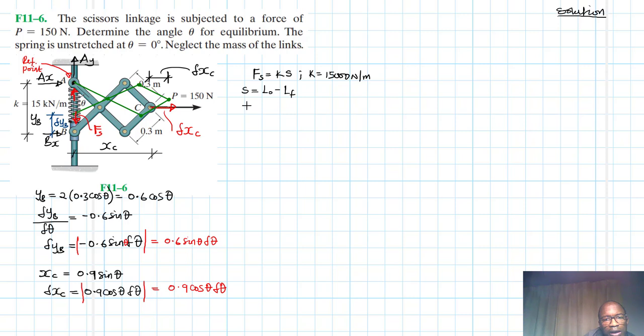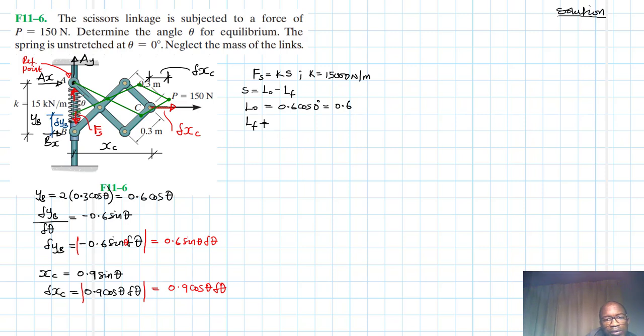And the original length, we've been told, is equal to this yb, and yb is just equal to 0.6 cos theta, and the theta we have been told is 0 degrees. So this gives us just 0.6.